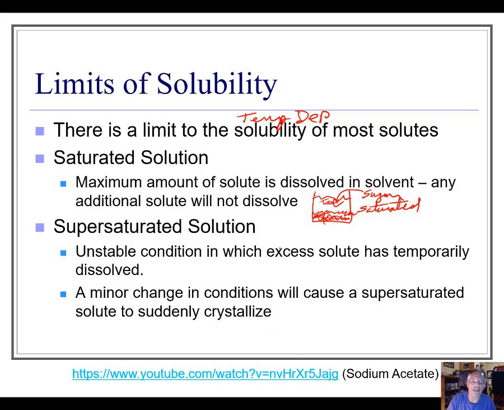So let's look at the same sort of situation. This is not going to work so much with sugar, but I'm going to take a given amount of water and put sodium acetate into it. I'm about to show you a video of it.